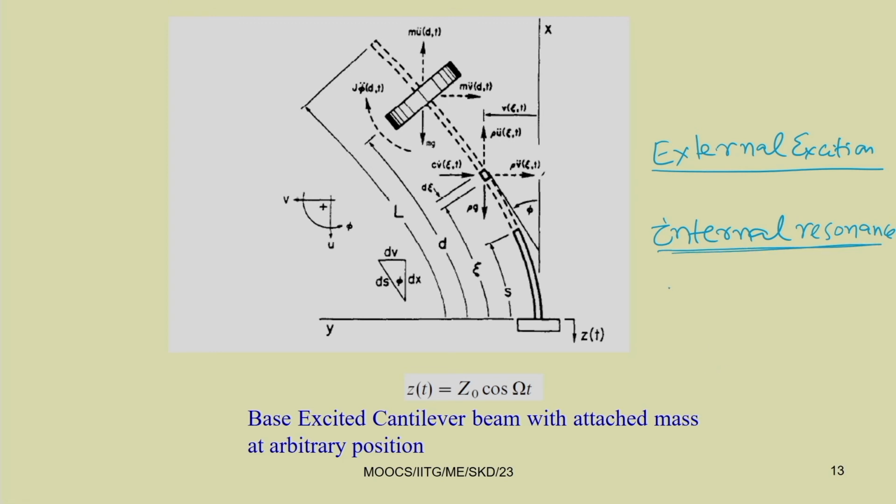In internal resonance, the ratio between the second mode and first mode is 3:1. That is why it is known as 3:1 internal resonance condition, or 1:3 internal resonance condition if you write it in terms of 1 to 2.